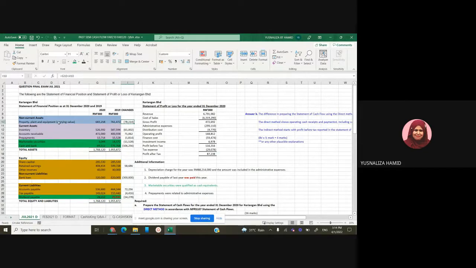Take note that the property, plant and equipment is at the carrying value, meaning it is already at cost minus accumulated depreciation. If you check the statement of financial position given, you would not see any accumulated depreciation anymore, because it has already been deducted from the cost to get the carrying value.